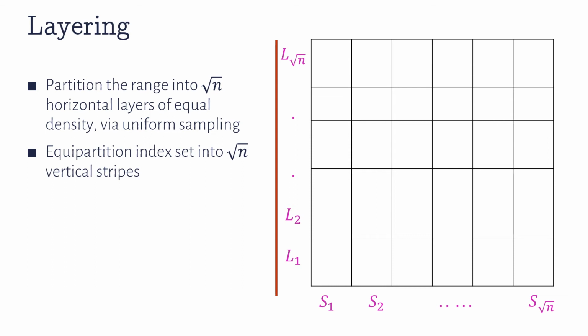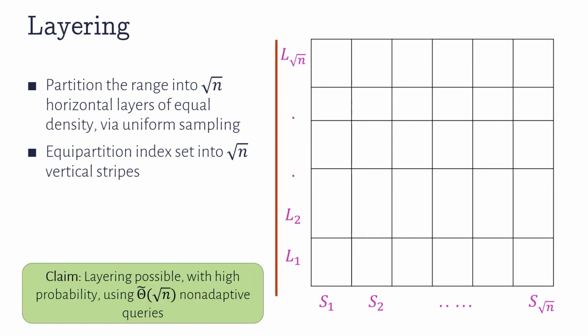We also partition the index set into theta root-n vertical stripes. And we show that such a layering is possible with high probability using theta tilde root n non-adaptive queries in the paper. I do not show how here. In the paper, we show a procedure for doing this.